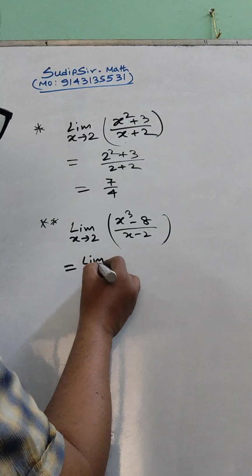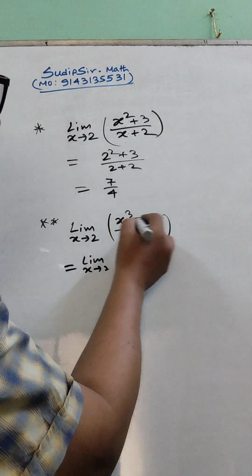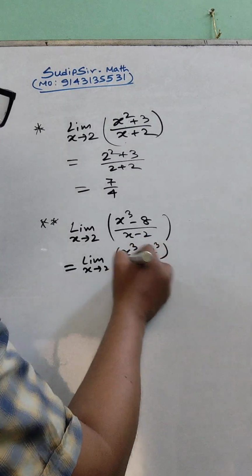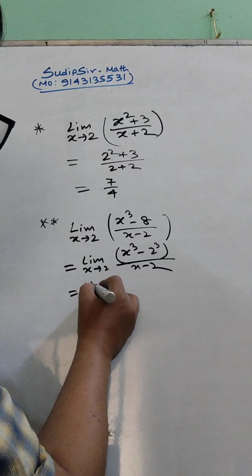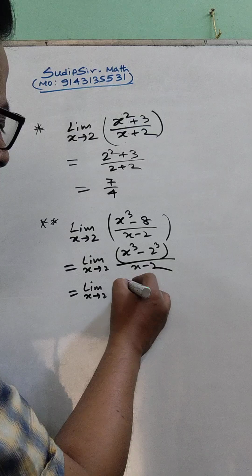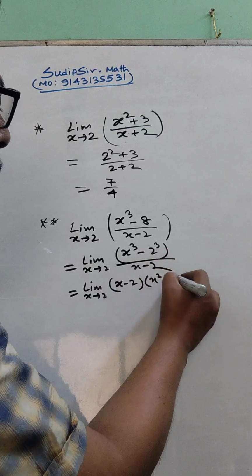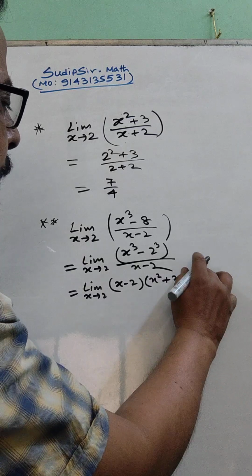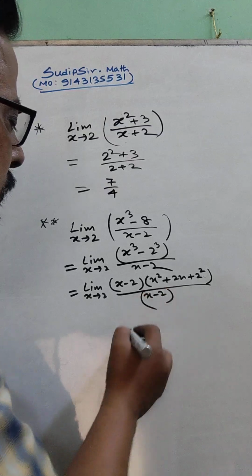Limit x tends to 2 of (x cube minus 2 cube) by (x minus 2). Using a cube minus b cube equals (a minus b)(a square plus ab plus b square), we get (x minus 2)(x square plus 2x plus 4) by (x minus 2).